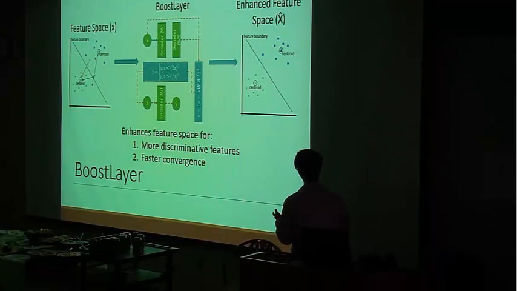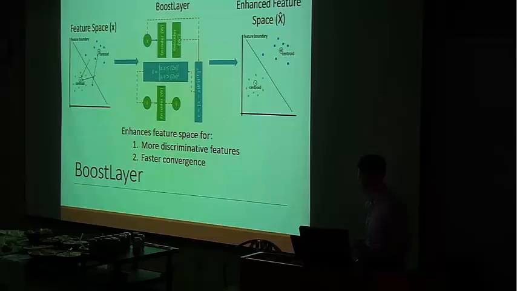And this gives us back a reconstructed feature space. And then we try to find the reconstruction error between your decoded image and your original feature space.